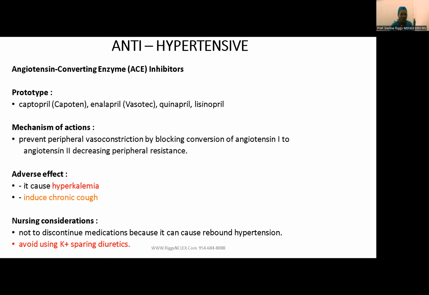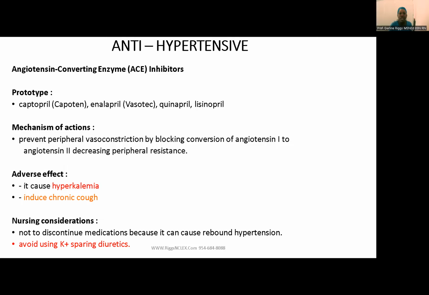Okay, so recap, again, this is stuff we've already covered, but this is in a different way. So those of you who learn this way, it's the same thing, nothing different, okay? For the others, I have pictures and different colors. I try to do the coloring here too, because I think it helps you so it pops out. But we've covered the ACE inhibitors, okay? We've covered how they cause hyperkalemia, how they cause the induced chronic cough, okay?